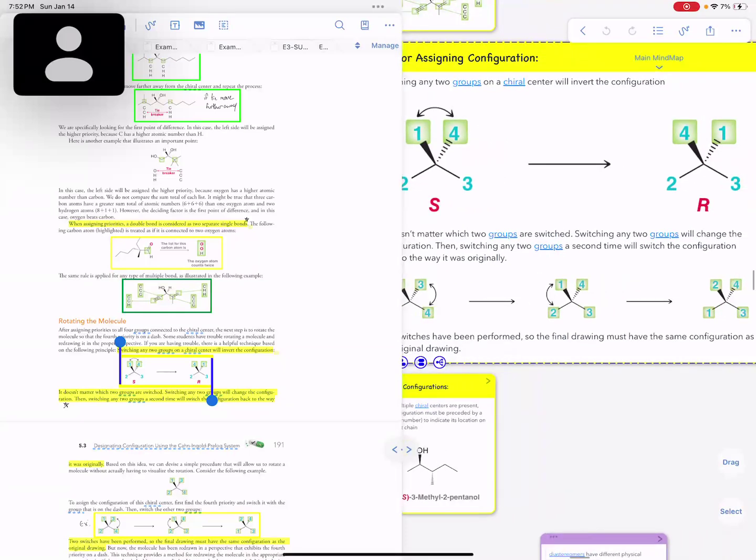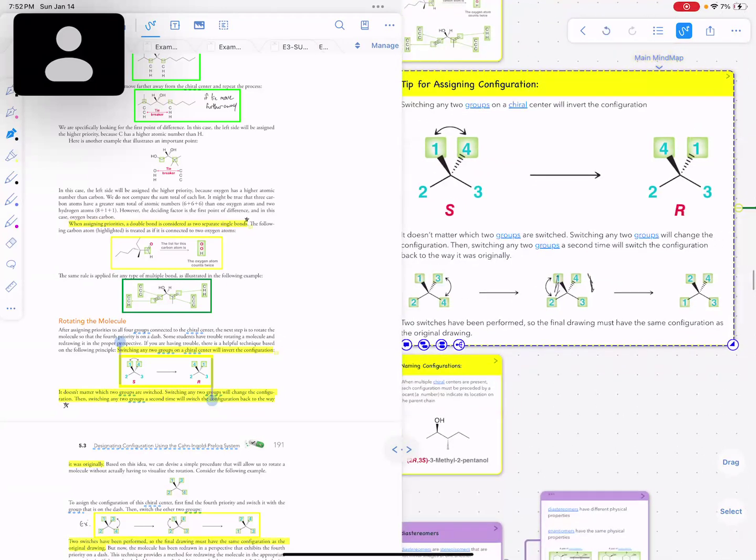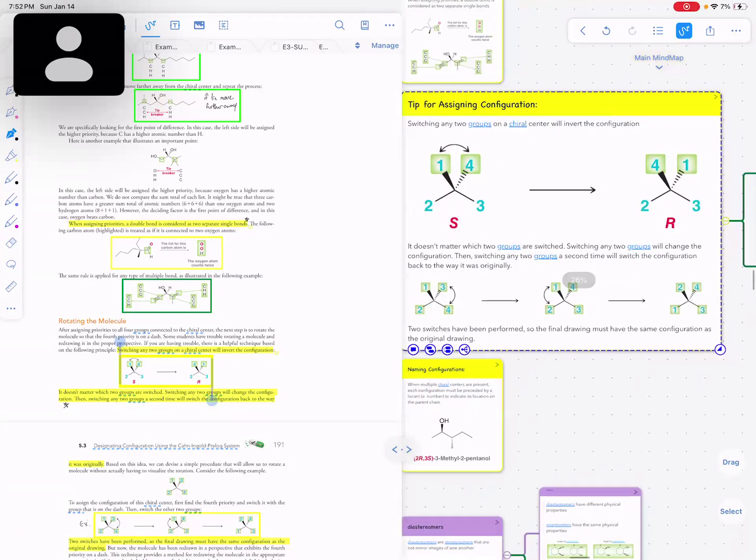We had to switch the position of 3 and 4, but at the same time, we switched the position of 1 and 2 to conserve the same configuration. Doesn't one have to stay on the wedge though, because it's the greatest priority? No, it doesn't. It just has to not be pointing away.